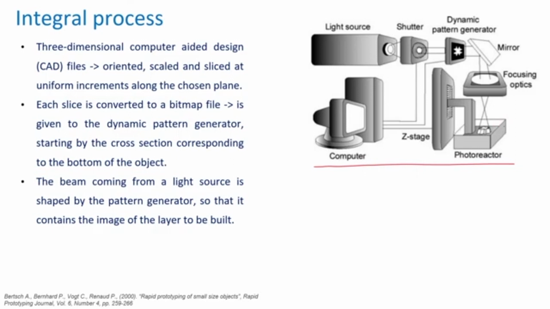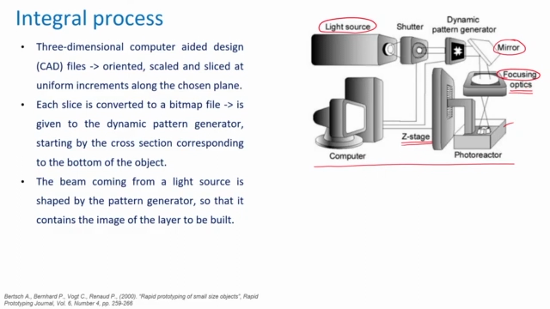This liquid resin is kept in a container, and this container is operated by the Z stage. We have a light source as usual, there is a bending mirror placed, and we also have the focusing optics, which helps us get the required flux density on the surface.